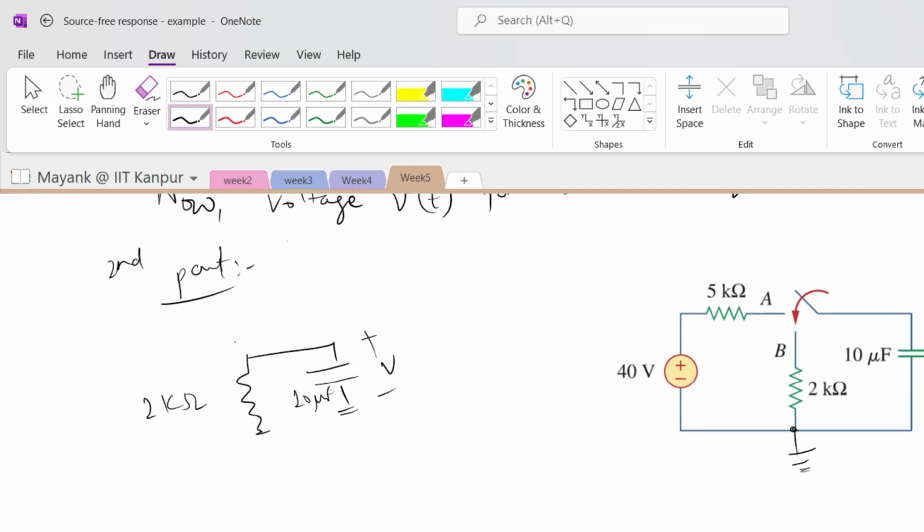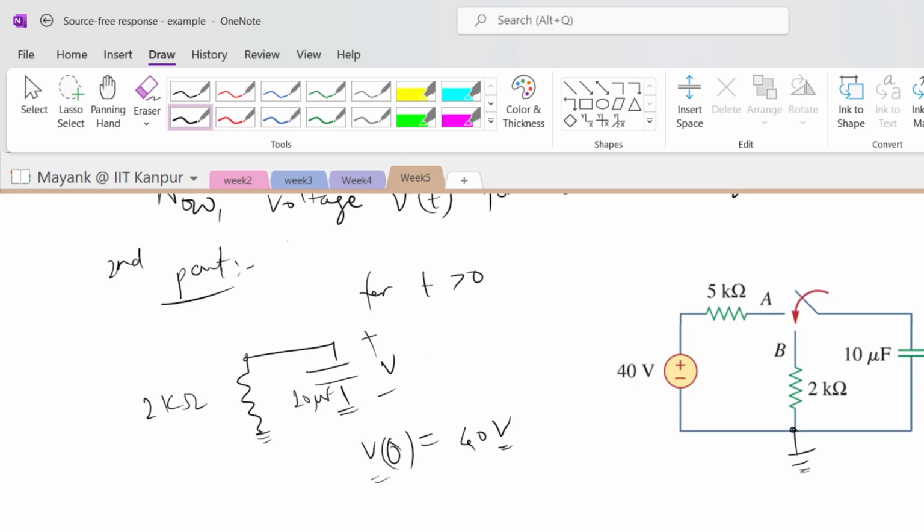This is my circuit for the second situation, for time t greater than 0, right? And this voltage initially, V of 0, is equal to 40 volts, with the same sign.